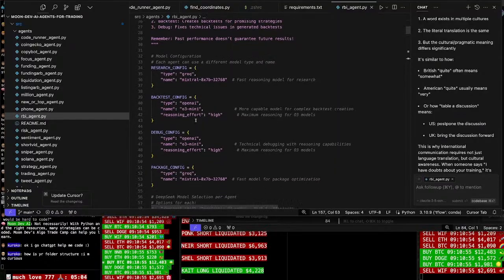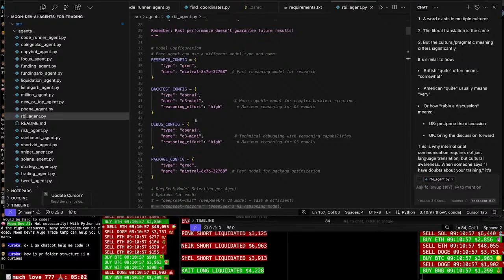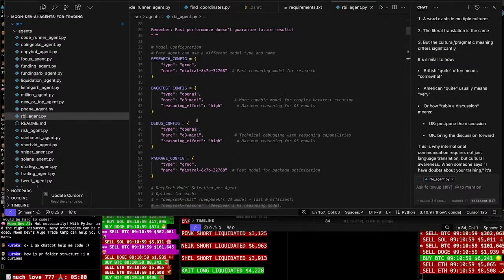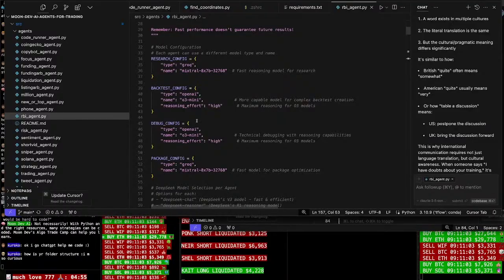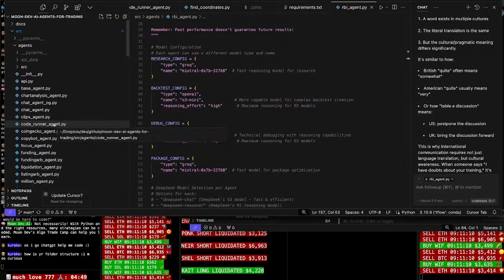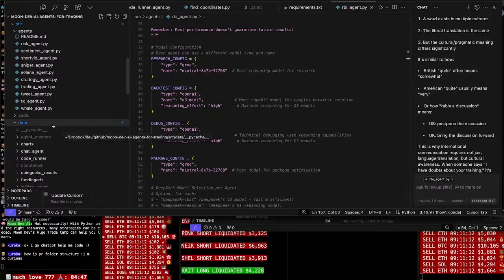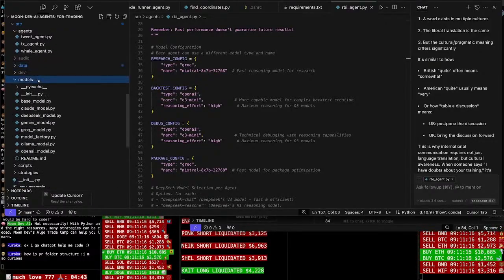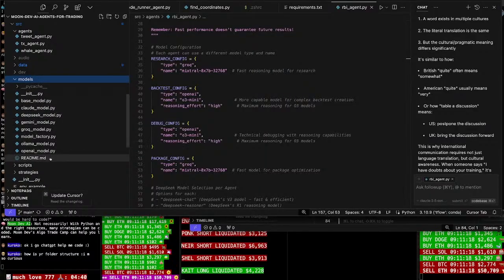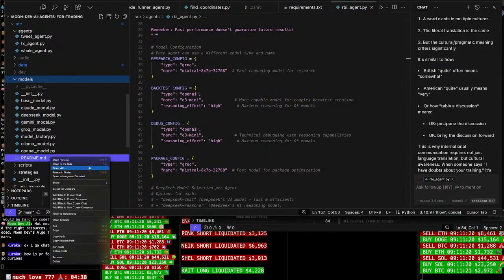Let's use a different model. Models here. Let's go to the model factory or the readme. Let's open it to the side.